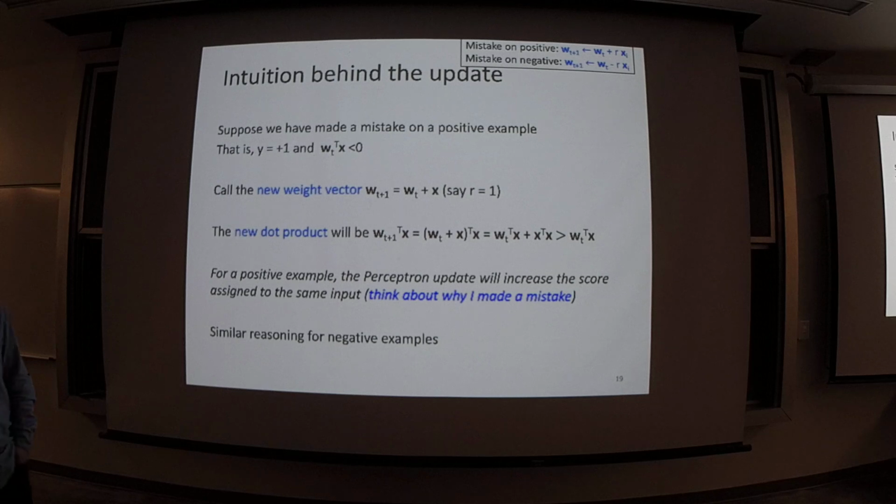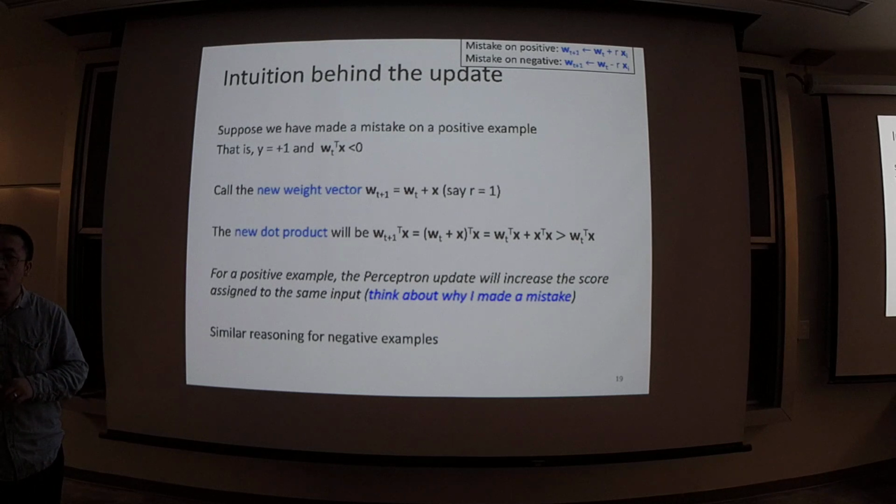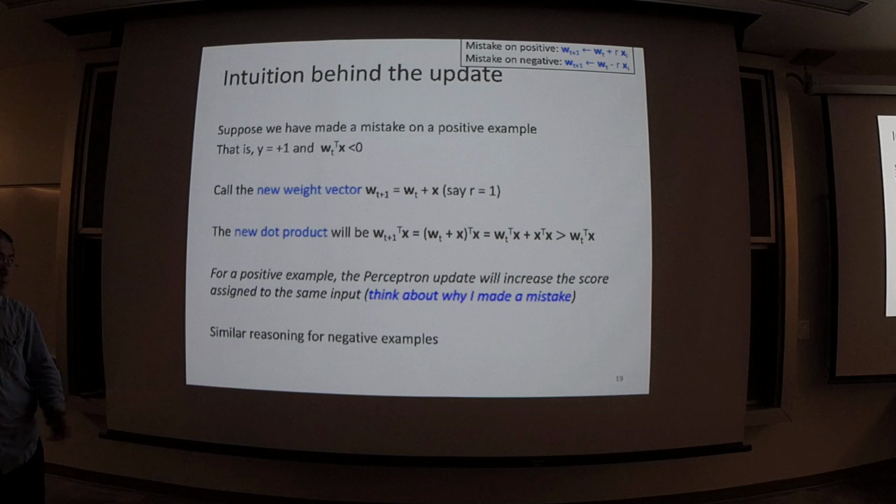Later we'll talk about the mistake bound theorem. But in general, if your data is linearly separable, we can always guarantee you find a separating hyperplane. But anyway, for this particular mistakenly classified example, performing such an updating rule is reasonable, right?